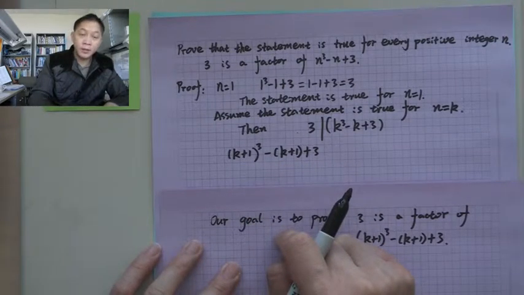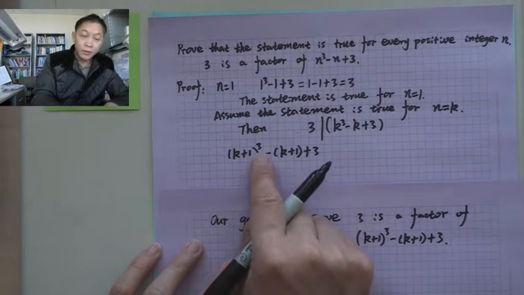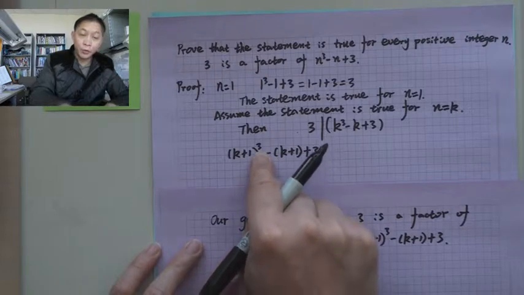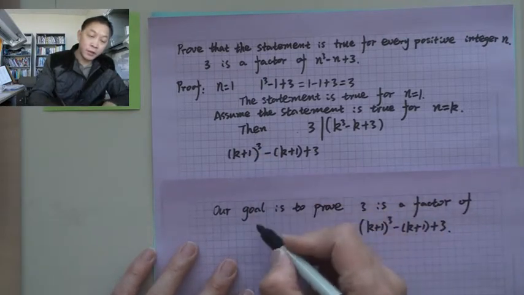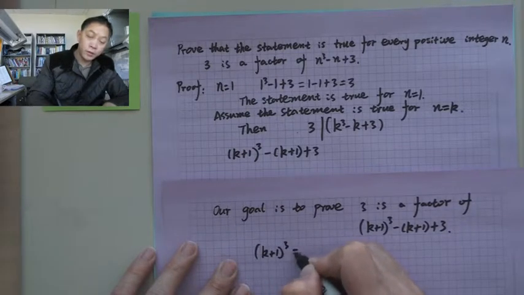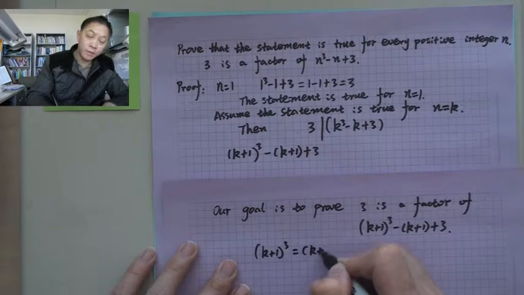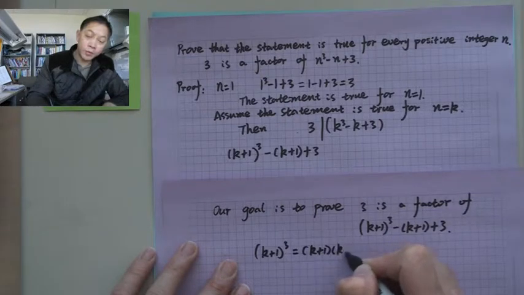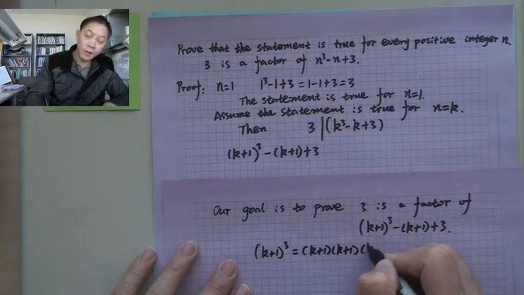So you want to expand this cube: k plus 1 cubed is k plus 1 times k plus 1 times k plus 1.